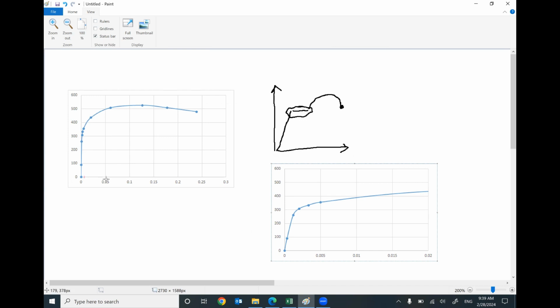I zoomed in because this value is 0.05, so I need to locate 0.002. So it's very hard, so I just zoomed in. So 0.005, that means this value at the mid will be 0.0025.